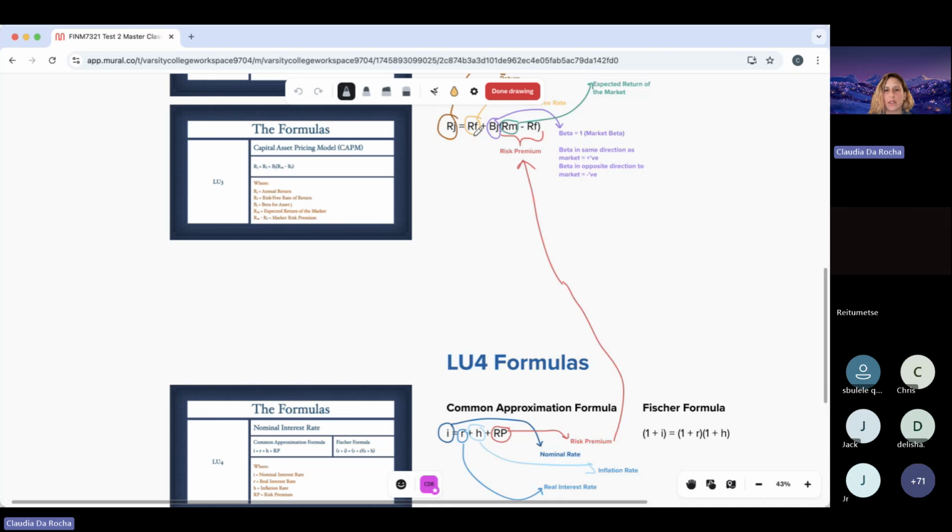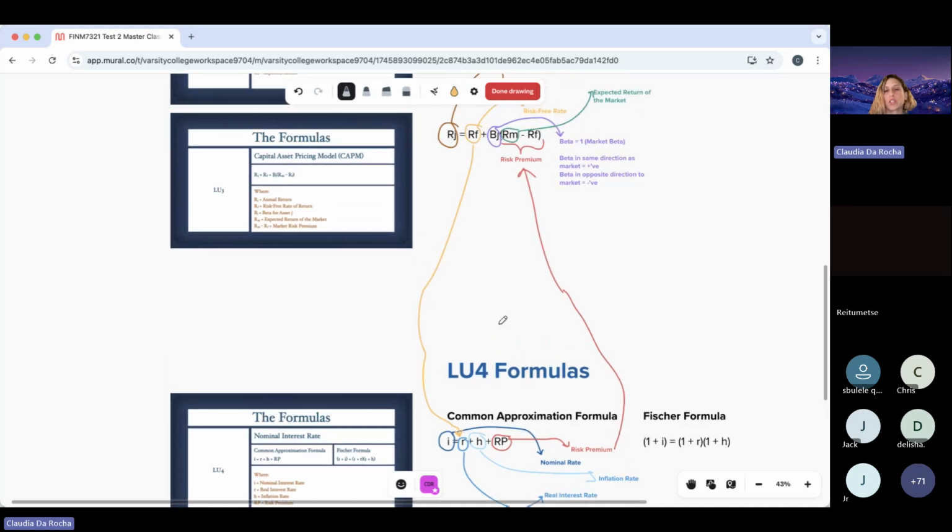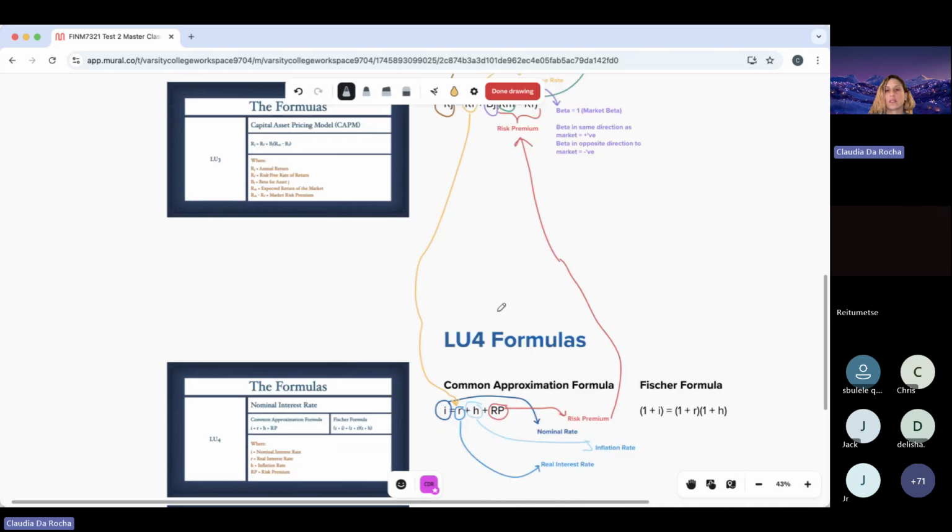This risk-free rate is the same as the real interest rate. Those are the same numbers. Here we've got inflation. The inflation's not really taken into account in CAPM. It's sort of taken into account with your beta, but not really. And then you've got your expected return or your nominal rate here. So just to understand, your risk premium, your risk-free rate and your real interest rate are the same numbers. If you get a question where there's a combination of items and they're asking you to use one or the other formula, these are the similarities.